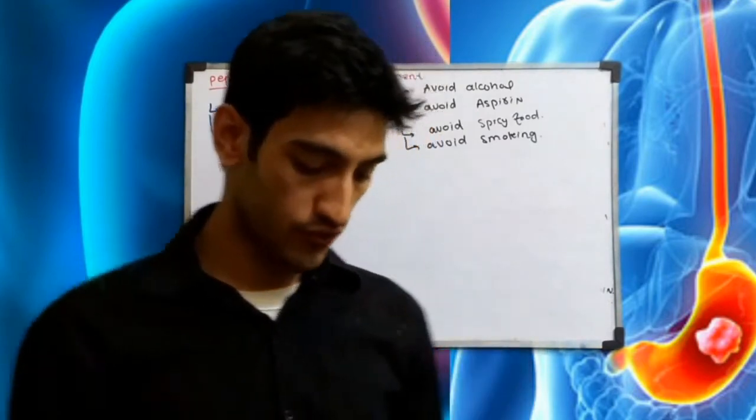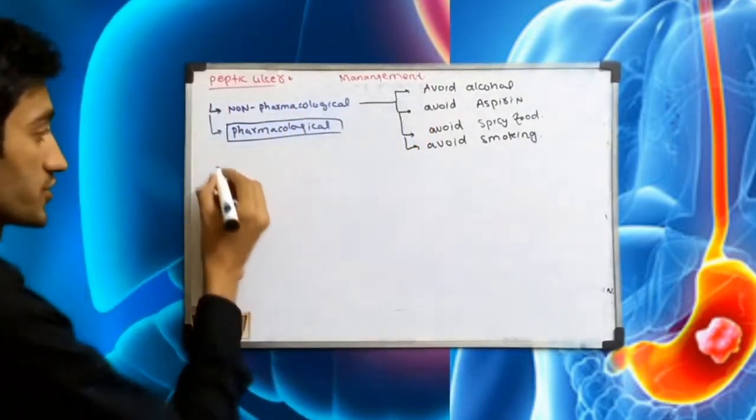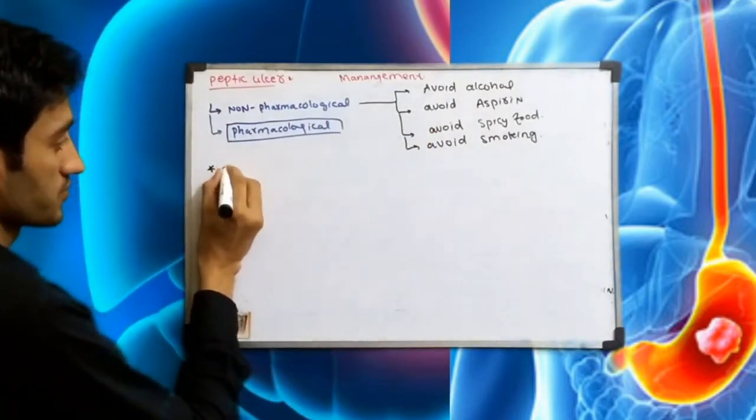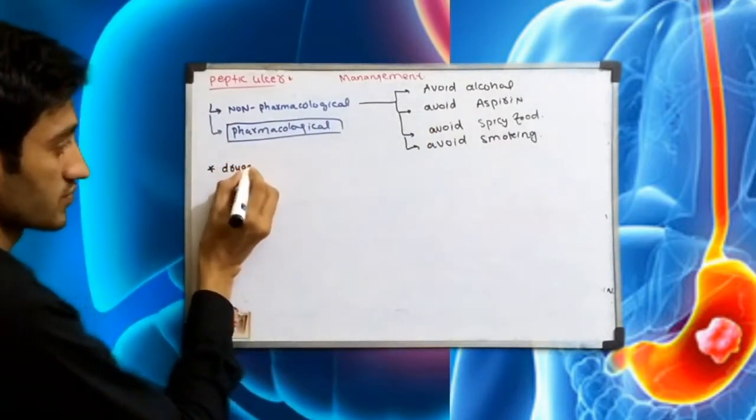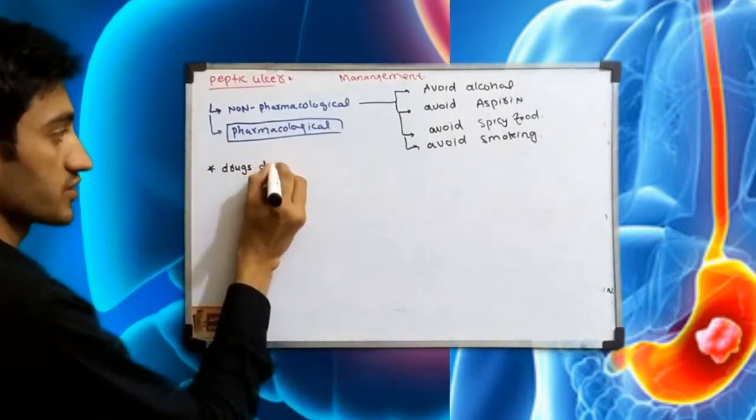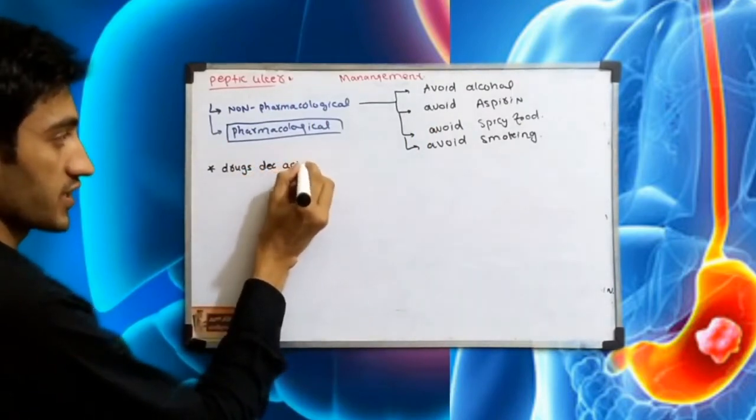There are different categories of drugs which are used to treat the peptic ulcer. So the first group, drugs which decrease acid level.